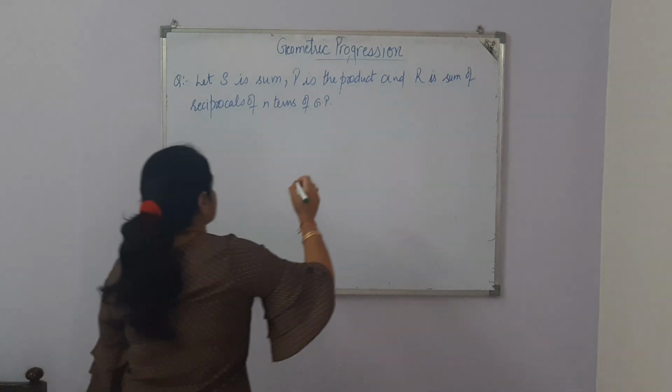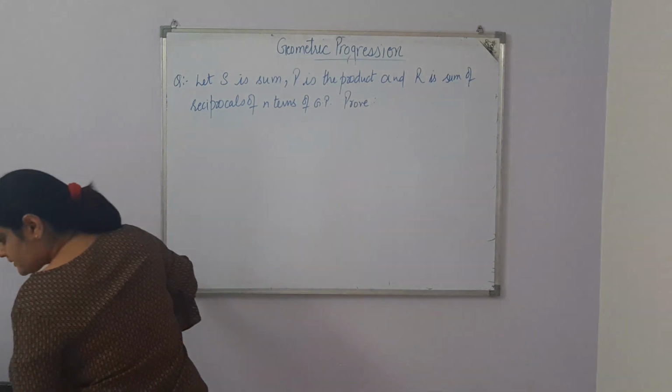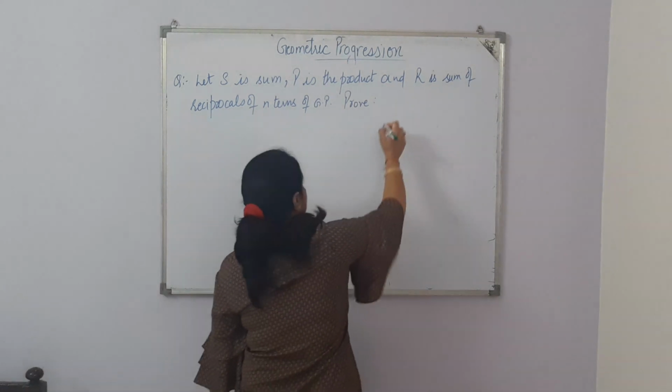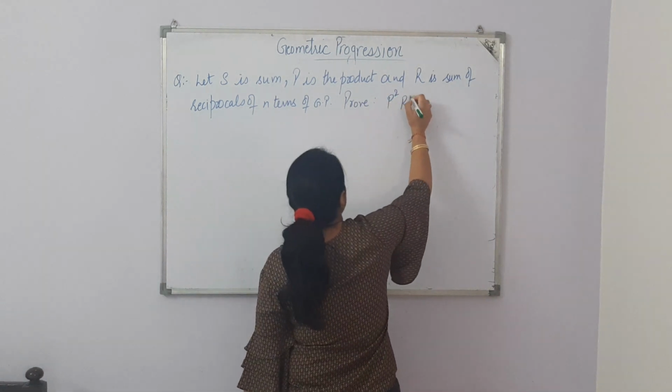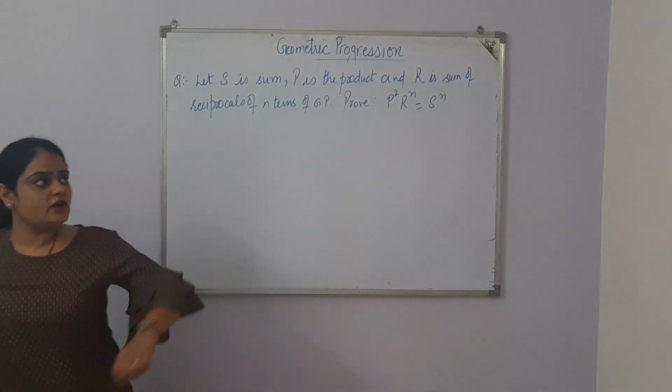Then prove that P squared times R raised to the power n is equal to S raised to the power n. We need to prove this. Now, what is the question?